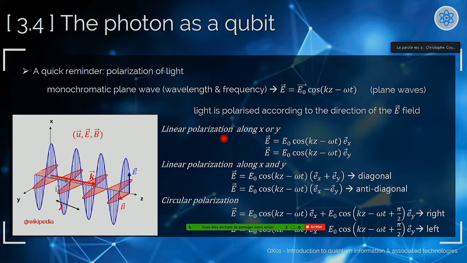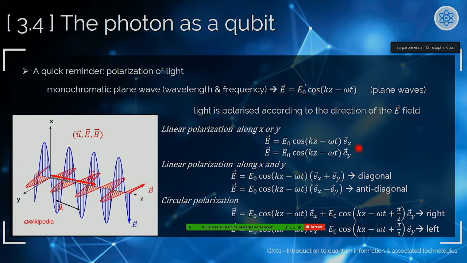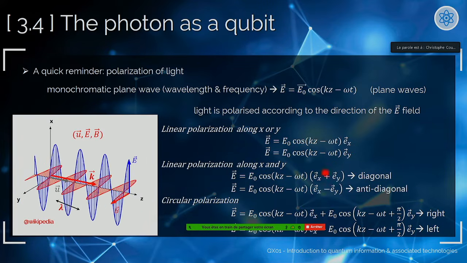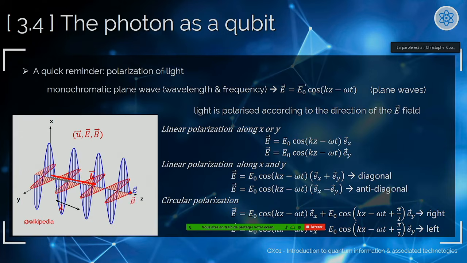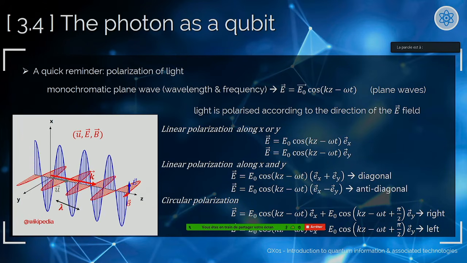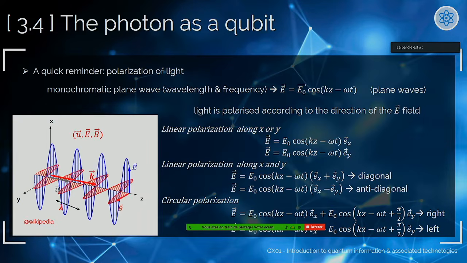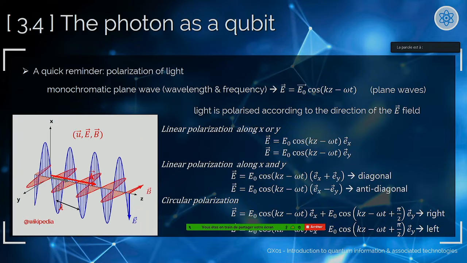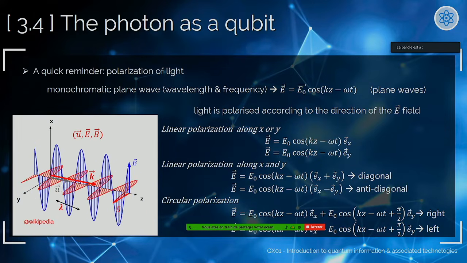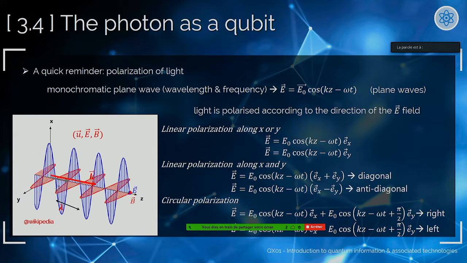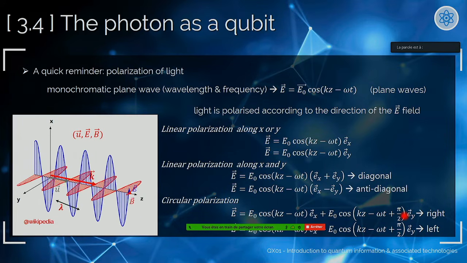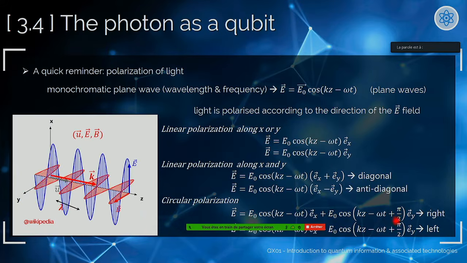So if I write this geometrically, I've got dependence along x, along y. Of course, I can have a diagonal polarization. So if I sum the two, then as the wave propagates towards you, I can have oscillation like this. That would be diagonal, or like this. That would be anti-diagonal. I can also have a phase between one component and the other one. So this phase here, pi over 2.